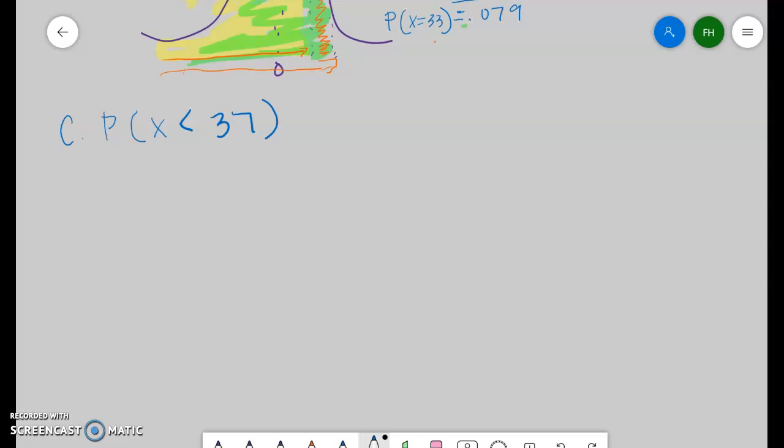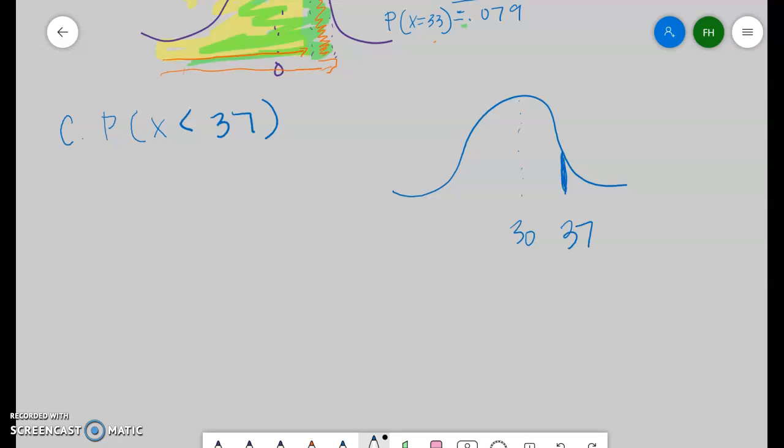So the first thing that we need to think about is, we know, I believe, that the mean was 30, so 37 would be somewhere over in here.